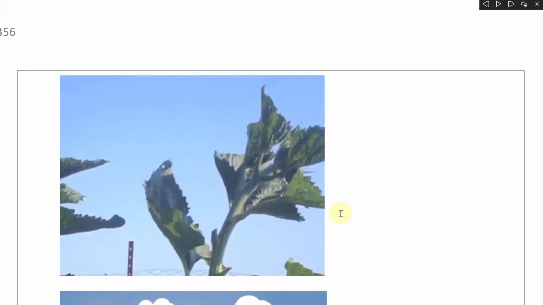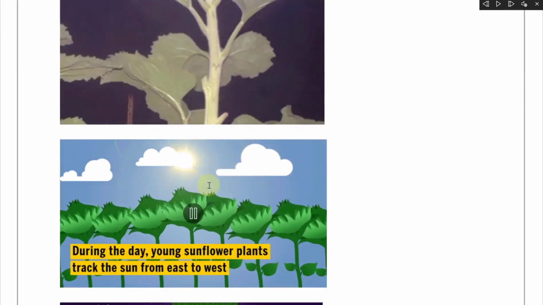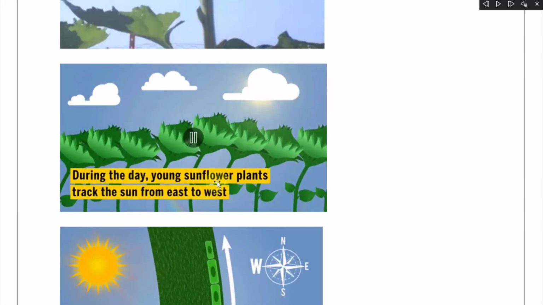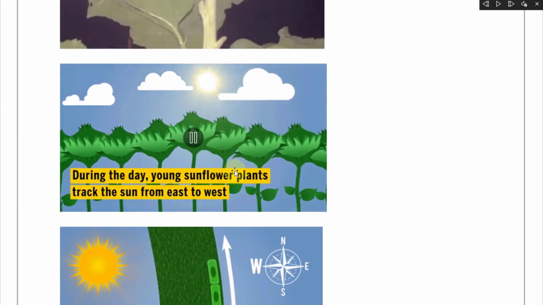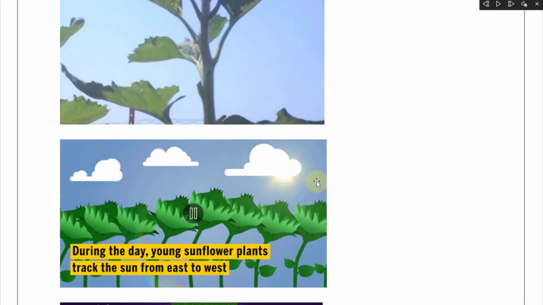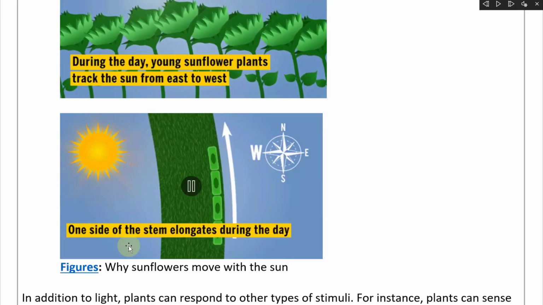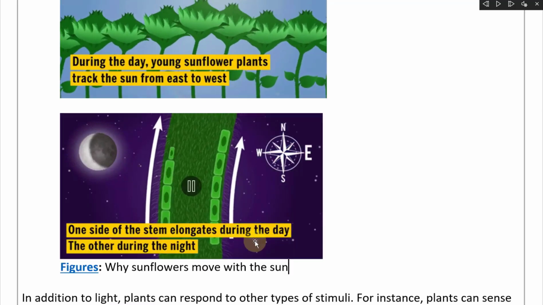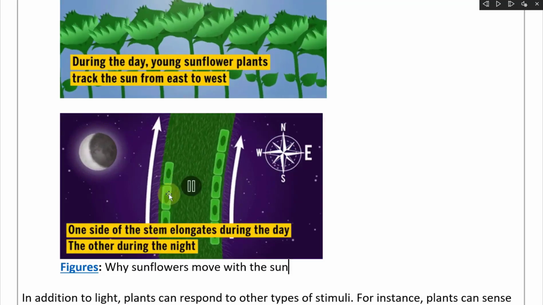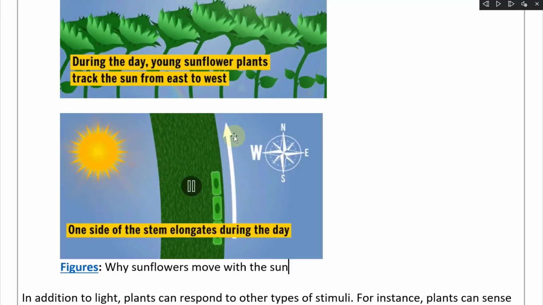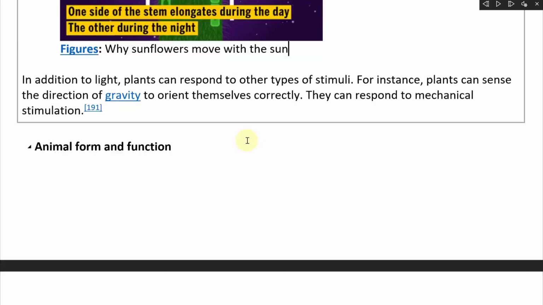Quite remarkable. During the day, young sunflower plants track the sun from east to west. The way it works is one side of the stem elongates during the day and the other side during the night. So during the day this pushes up, and during the night this extends outwards and moves left and right. Very fascinating.